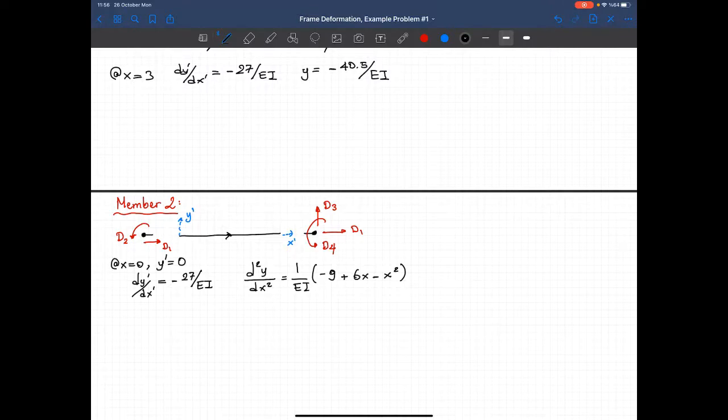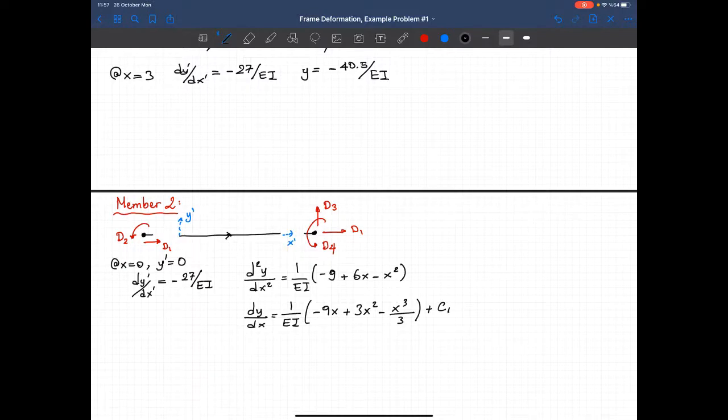So we will do the same thing. I integrate it once. dy over dx is equal to 1 over EI times minus 9x plus 3x squared minus x cubed over 3 plus C1.